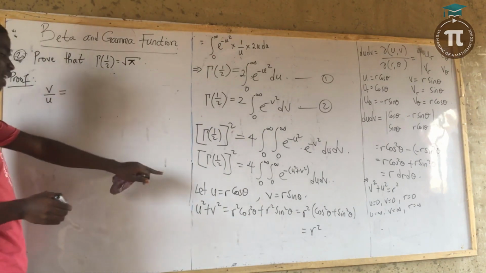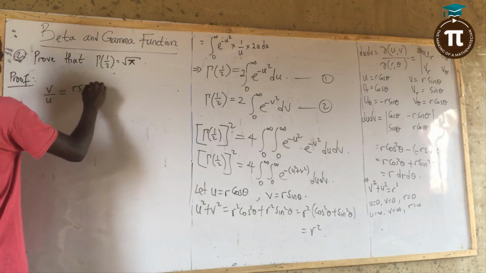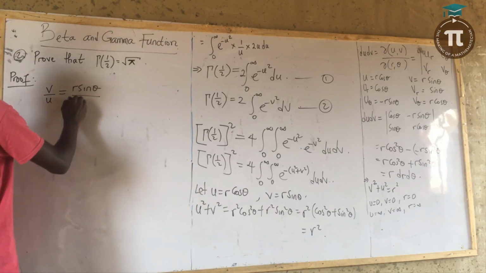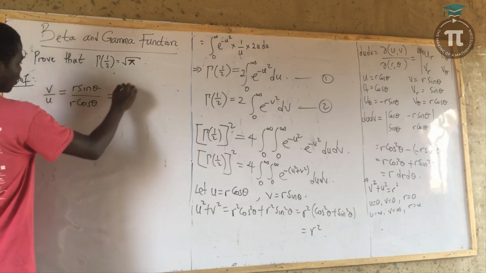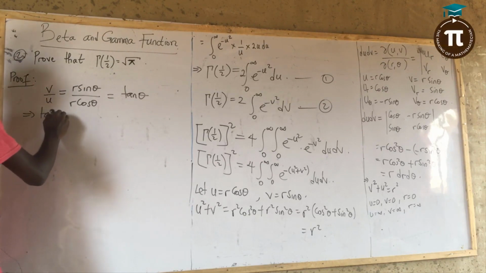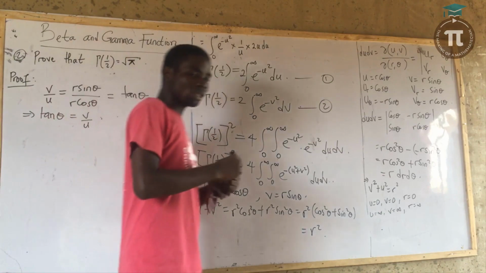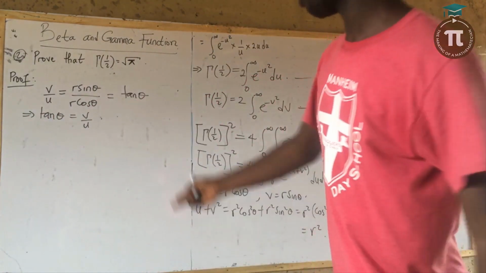So v over u will be equal to v is r sine theta and then r cos theta, which will give me tan theta. So it means that tan theta will be v over u.